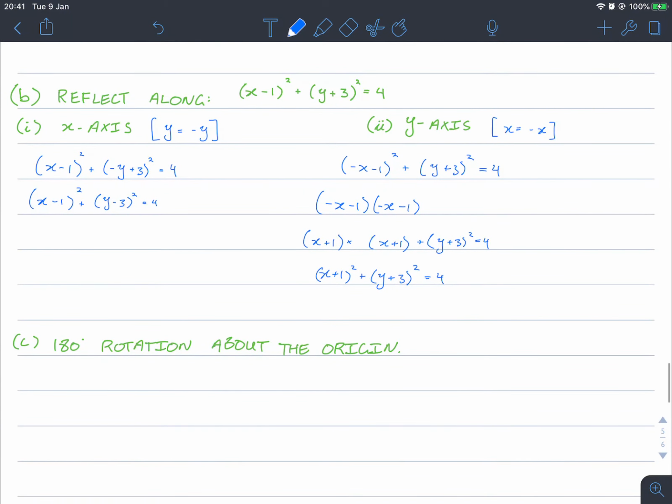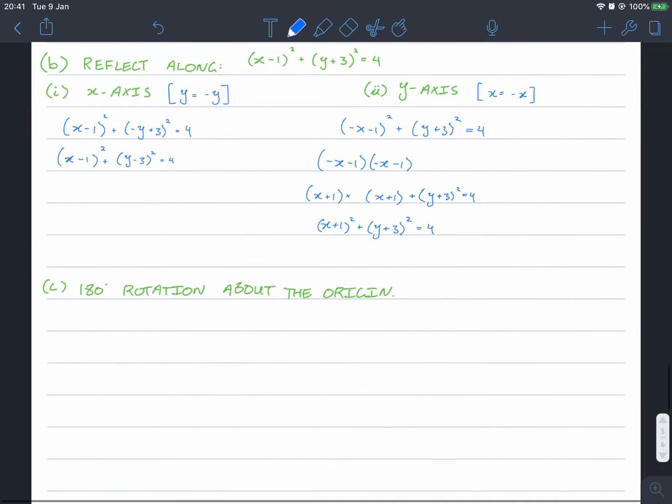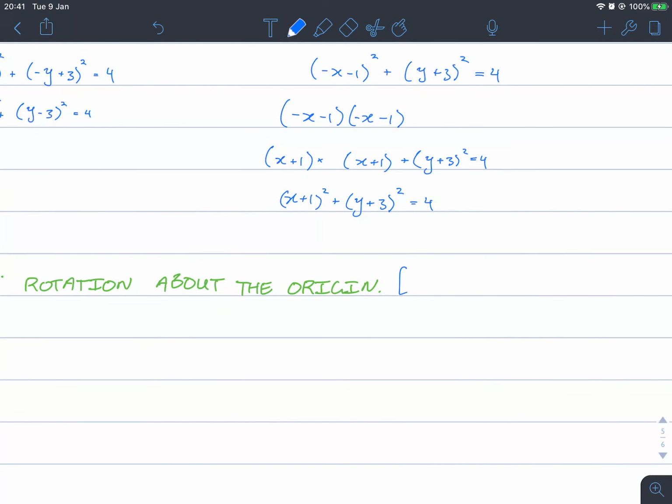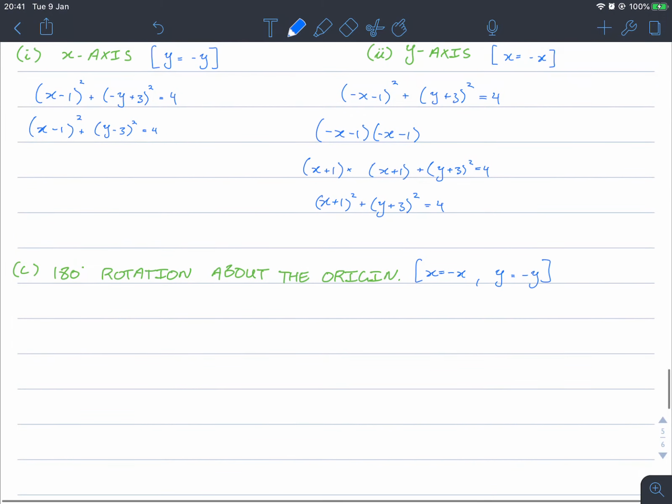And now if we do the same to both, because it's a rotation about the origin, we let x become minus x and y become minus y. So taking our expression, minus x minus 1 squared plus minus y plus 3 squared equals 4.